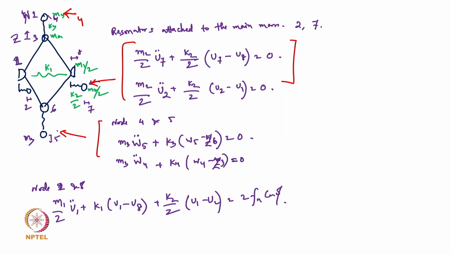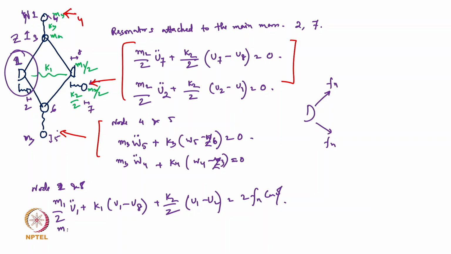What is the Fn cos phi? If you take this portion and cut it, you will have Fn, because that rigid link you have to cut, so the Fn terms will come into the picture. So you will get it this way.